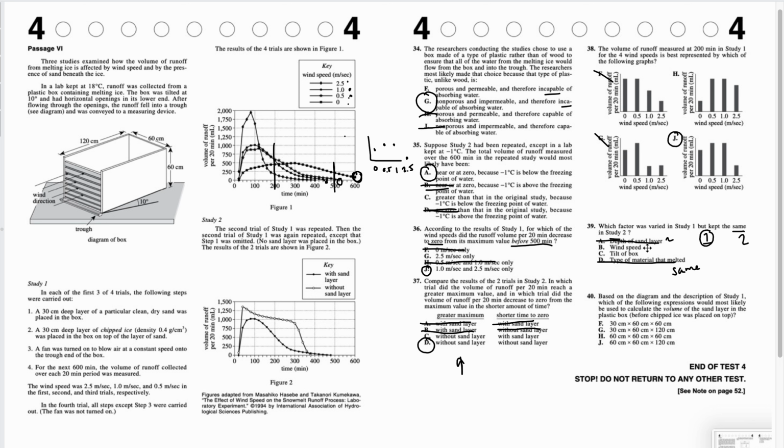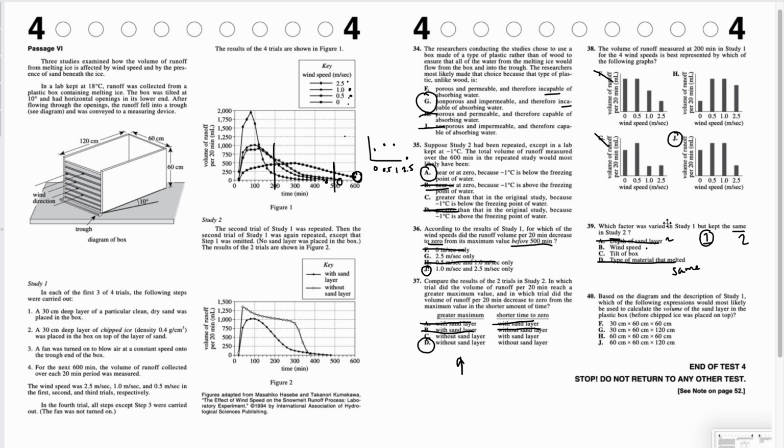Okay, so this one is a potential because I can't find anything that says it did not stay the same in study 2. So C, the tilt of the box, I want to know if this one actually changed in study 1. In study 1, it looks like the box was tilted at 10 degrees, so that actually stayed.